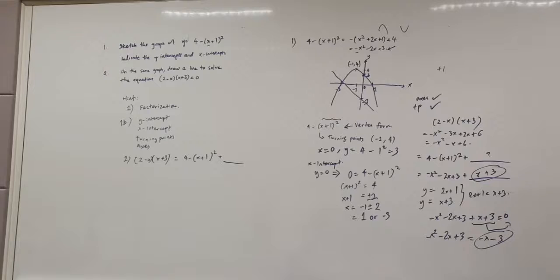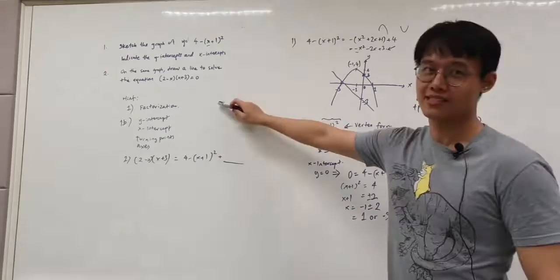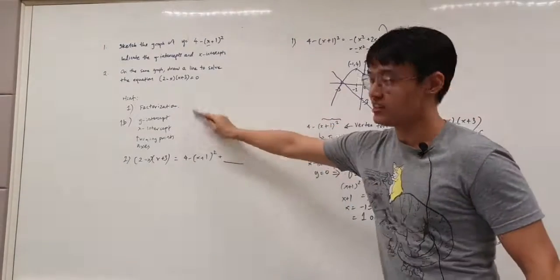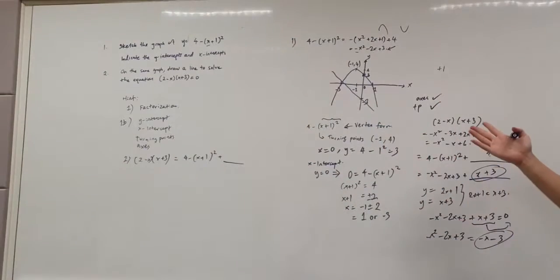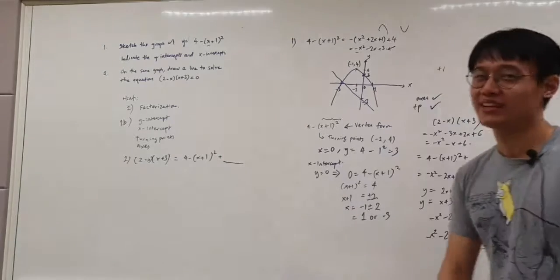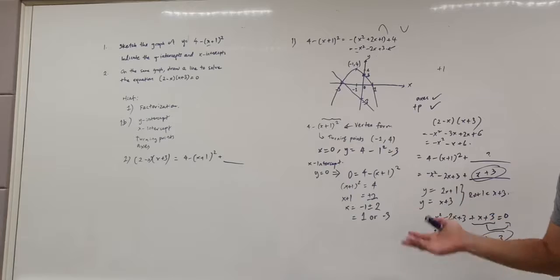And in summary, we have used factorization. And when you're plotting a graph, remember to put in these 4 things, because usually a graph is worth a lot of marks. It's a waste if you just throw away one free mark by not drawing the axis correctly, for example.